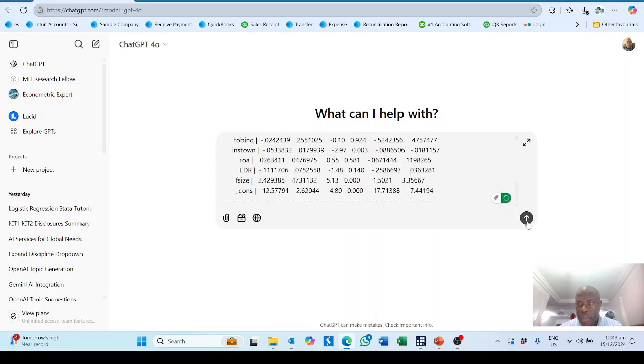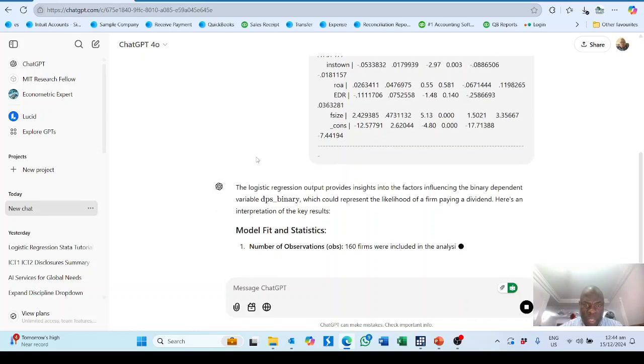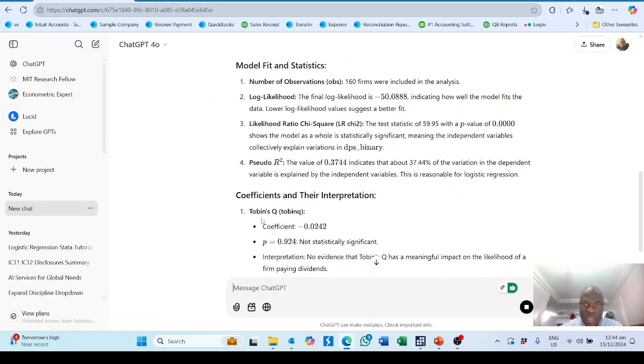Let's see what ChatGPT will do with our result, though I have not actually defined my variable acronyms, but let's see what it does with it.